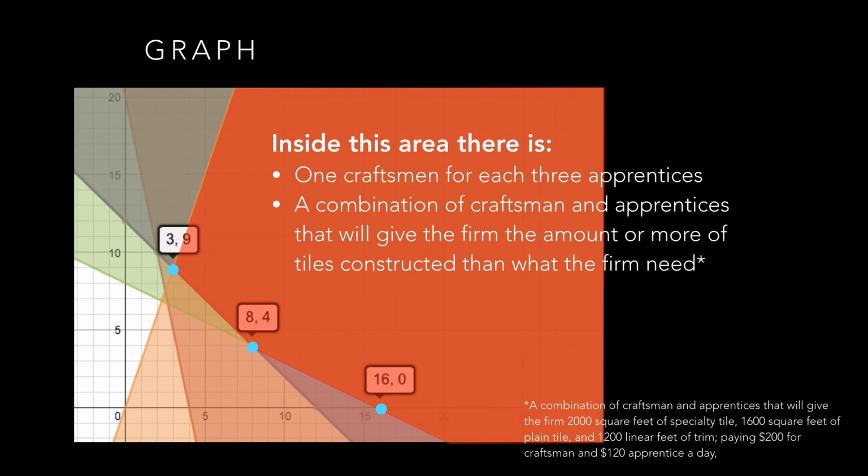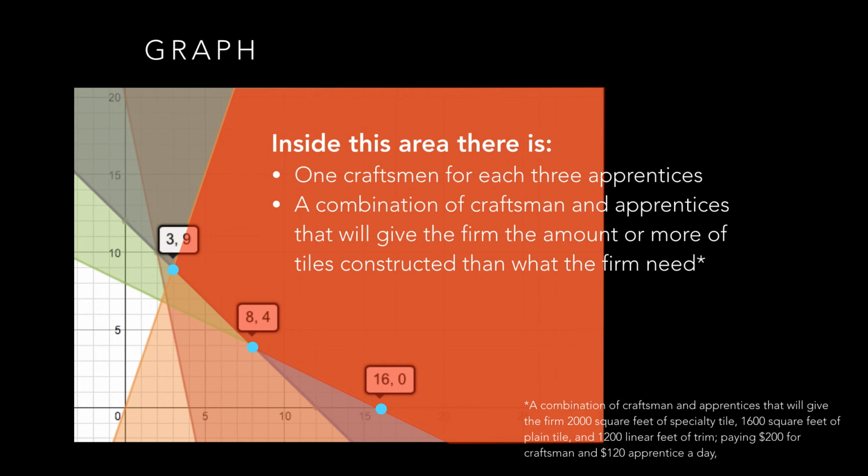A combination of craftsmen and apprentices that will give the firm 2,000 square feet of specialty tile, 1,600 square feet of plain tile, and 1,200 linear feet of trim, paying $200 for craftsmen and $120 for apprentices a day.